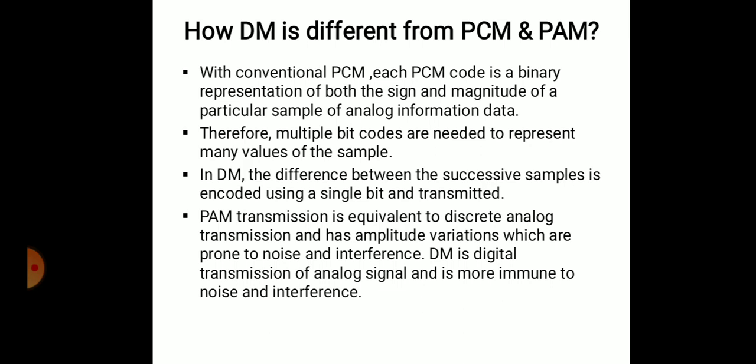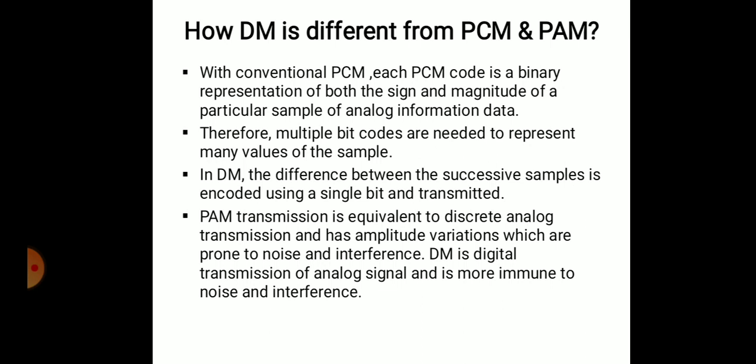So we can say that in a PCM system, multiple-bit codes are needed to represent many values of a single sample value. But in delta modulation, the difference between successive samples is encoded using a single bit and this single bit is transmitted. So in PCM we use multiple bits, but in DM we use a single bit.